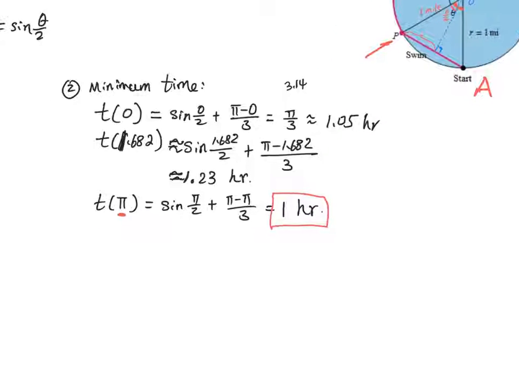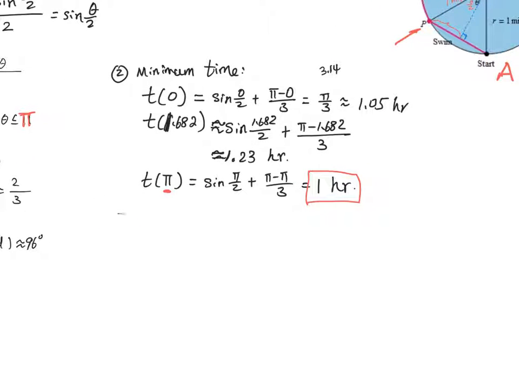So with that, you can make a conclusion. Therefore, swimming across directly takes the shortest, minimum time, which is 1 hour. So this is it for this particular problem.